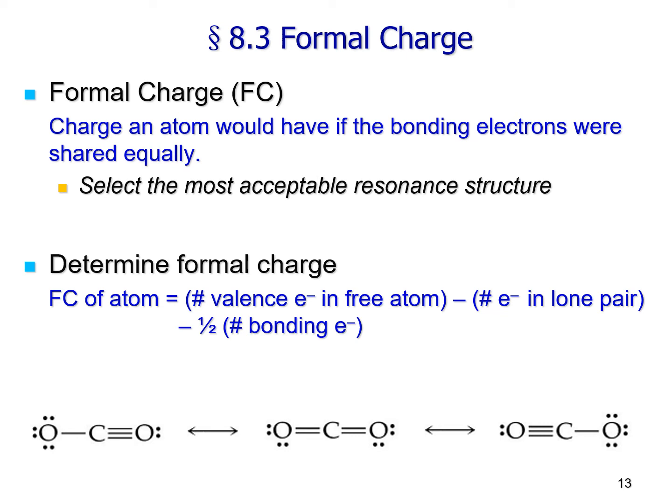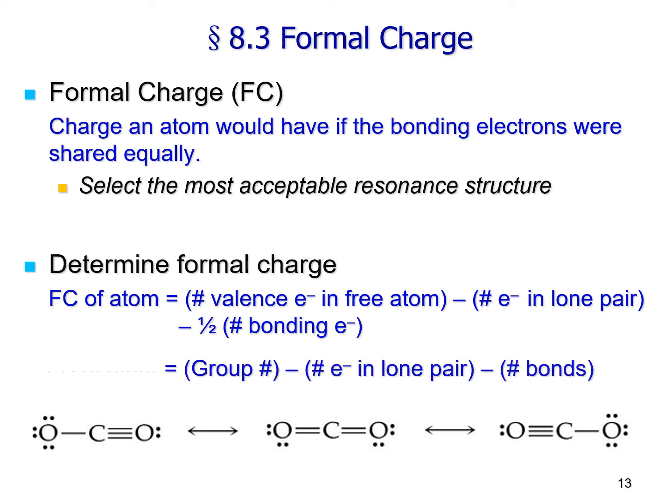There are too many words in this formula, and I intend to use a few words that I hope can also make more sense. Let's look at this one by one. Number of valence electrons in a free atom. How do we know the number of valence electrons in an atom?